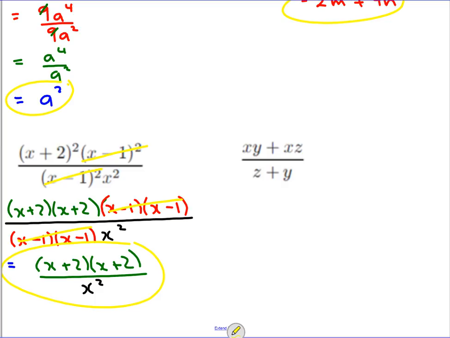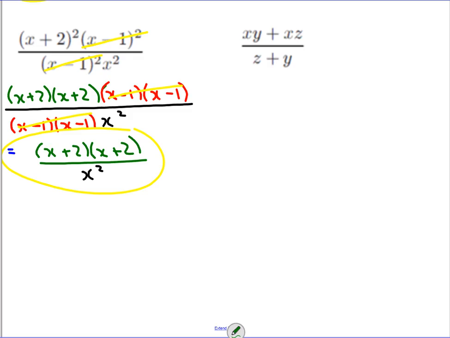So x plus 2 x squared is x squared. Doesn't have x plus 2, or does it? Let's see. And then we can write this more simply as x plus 2 squared over x squared. So we'll just leave it as that.